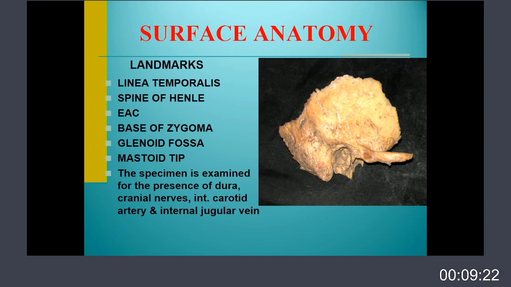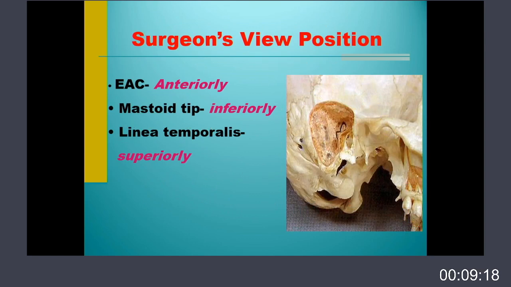And usually asked in the exam is which side of the bone the temporal bone is. You should be able to identify the side of the bone. And when we do the dissection, we should always keep the bone in surgical view position. That means the external acoustic canal is anterior, the mastoid tip is inferior, and the linea temporalis is on the superior side.